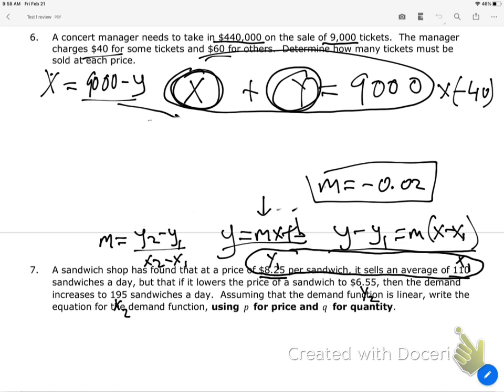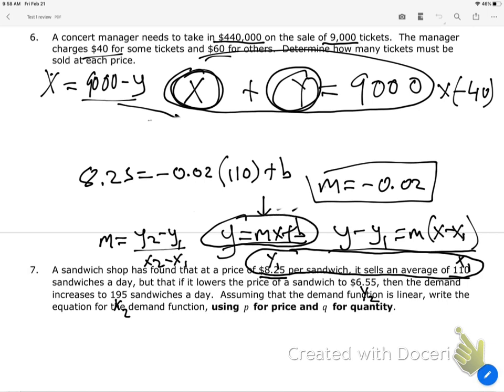So, here we go. When y is $8.25, and the slope is that, and the x is 110 plus b. Again, I've just used this for the x, the y, and the slope. And I'm just using the 1 point of 8.25 for y and 110 for x.